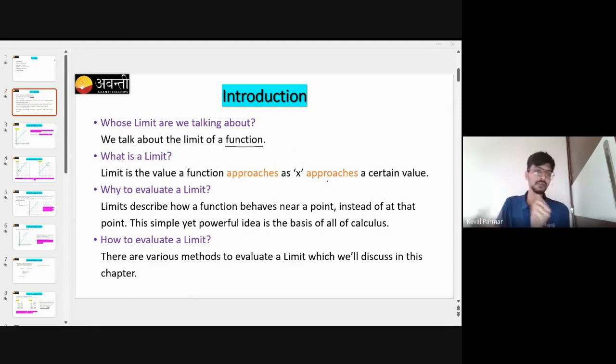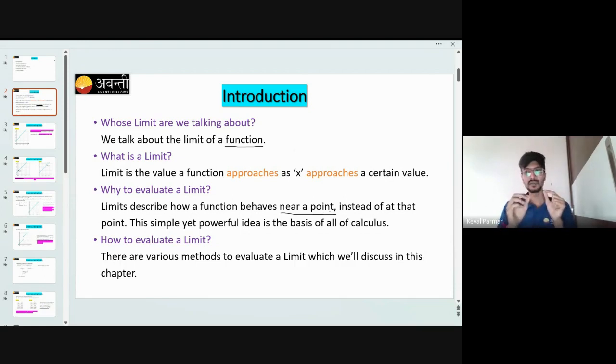Now, we'll go into more detail as we move ahead. But next, why evaluate a limit? As I already told you, the purpose of all the chapters in calculus is to evaluate how the function behaves. Out of this, first is limits. Limits describe how a function behaves near a point, instead of at that point. So function behavior near a point gives us limits.